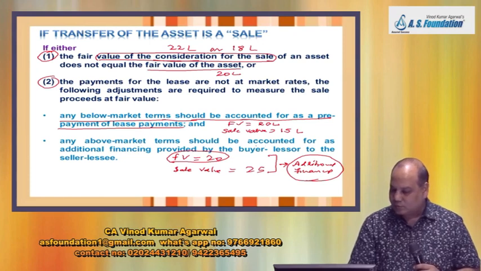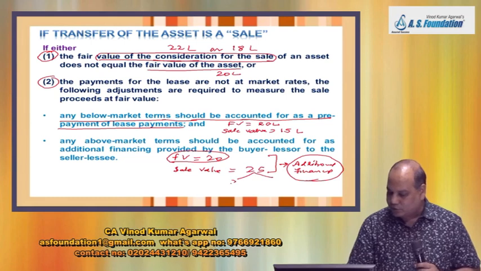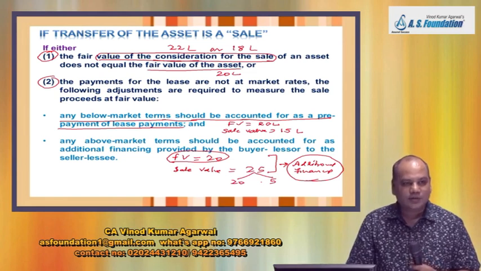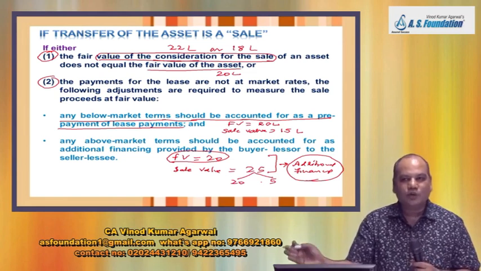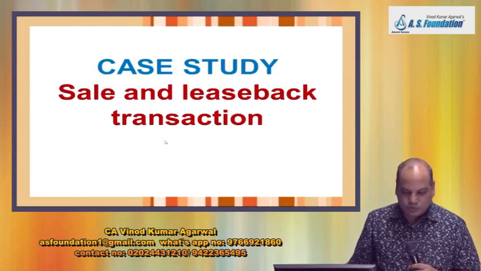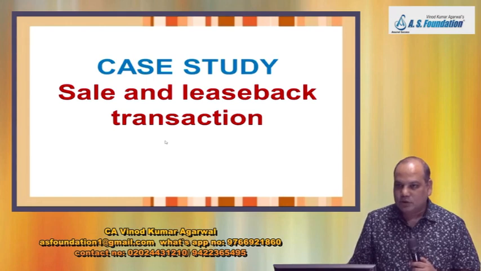The above market term should be accounted for as an additional financing provided by the buyer lessor to the seller lessee. So this will be divided into two types of financing arrangement. 20 lakh is against the asset and 5 lakh is over and above that, extra loan given. Okay. Now we will solve a question.